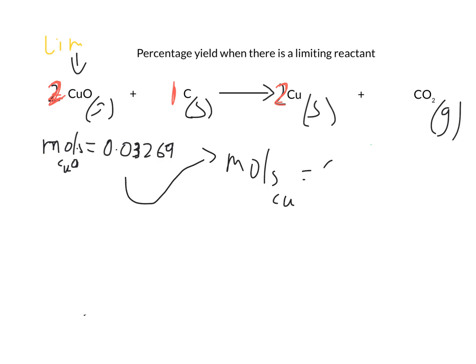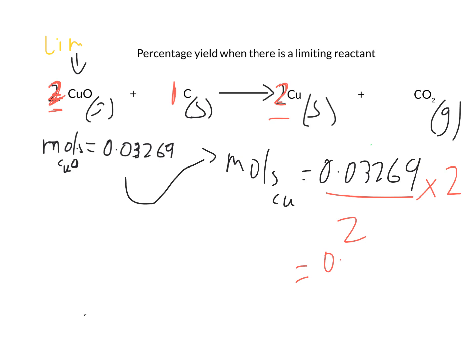To do that, we take our 0.03269, we divide by the ratio number of the thing we're starting with, in this case the copper oxide, so divide by 2, and then we times by the ratio number of the thing we're going to, copper, which is 2.